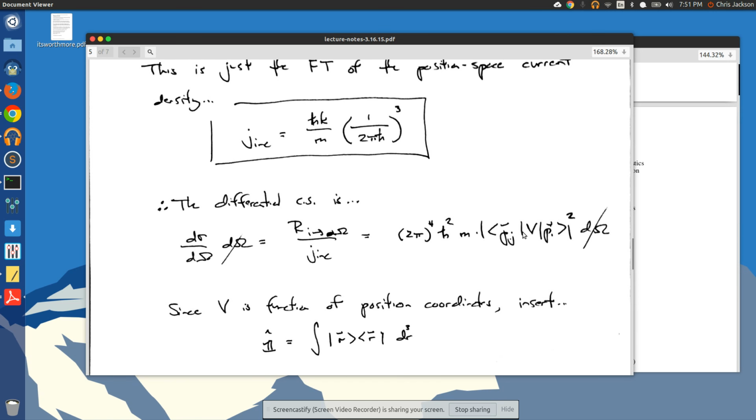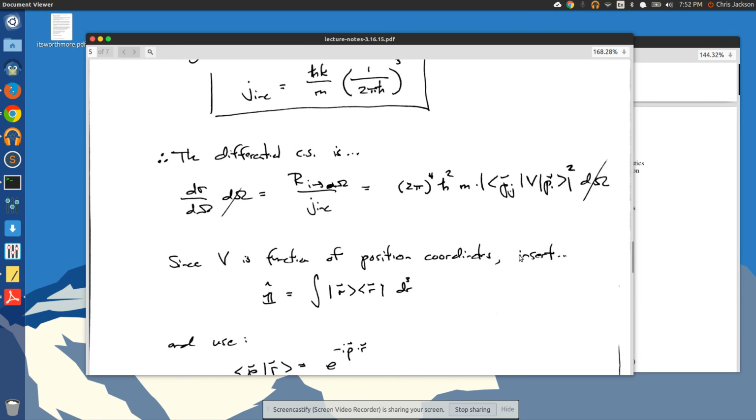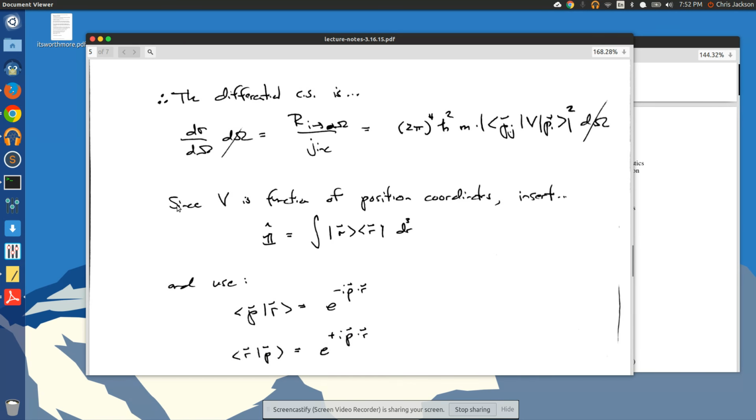Because we've chosen to work in momentum space, we have this matrix element of V inside, we have to evaluate in momentum space. So what we want to do is insert a complete set of position states, because then we'll be able to evaluate this operator because it's just a function of position coordinates, right? So that's what I'm going to do.